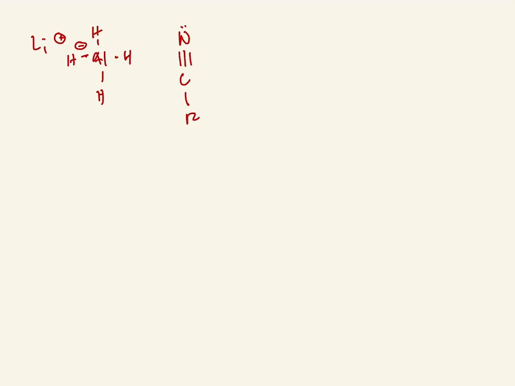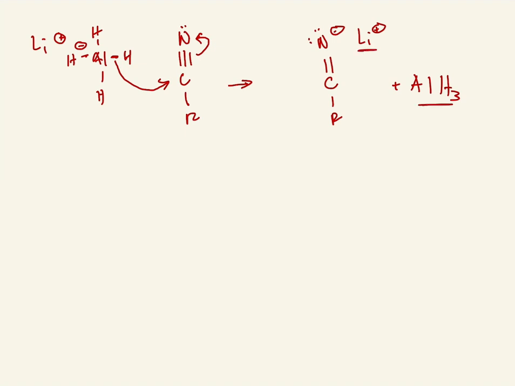The mechanism is exactly the same: you get nucleophilic attack of this bond to the nitrile carbon, which then moves the electrons from the pi system up, creating our anion intermediate here, which is stabilized by both the positively charged lithium and the aluminum H3 compound here, right?